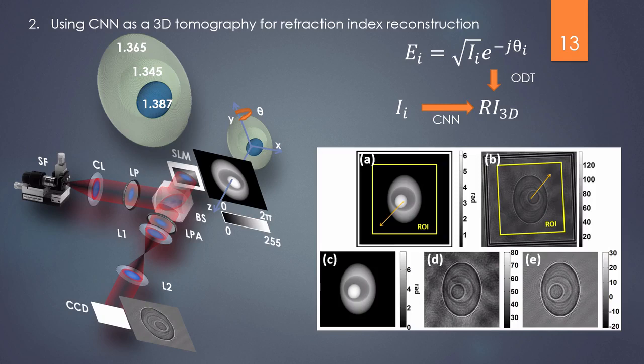I calculate the phase out of it by assuming the light goes into the sample and creates the 2D phase. I put this 2D phase onto the SLM like in the first experiment, let the light propagate into the CCD camera, and capture the diffraction image.